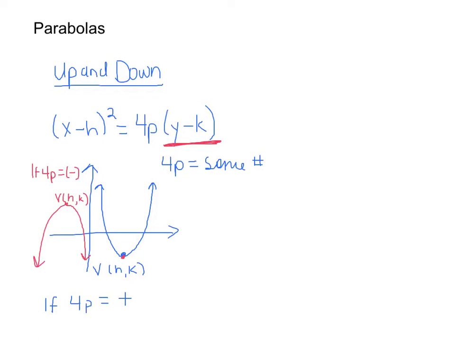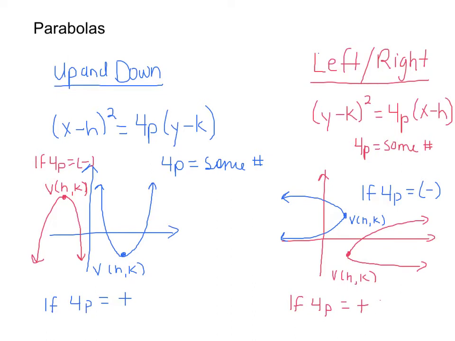And you will know that the parabola is going to open up if the 4p, and again the 4p is just some number, any number, is positive. If the 4p is negative, then it's going to open down.